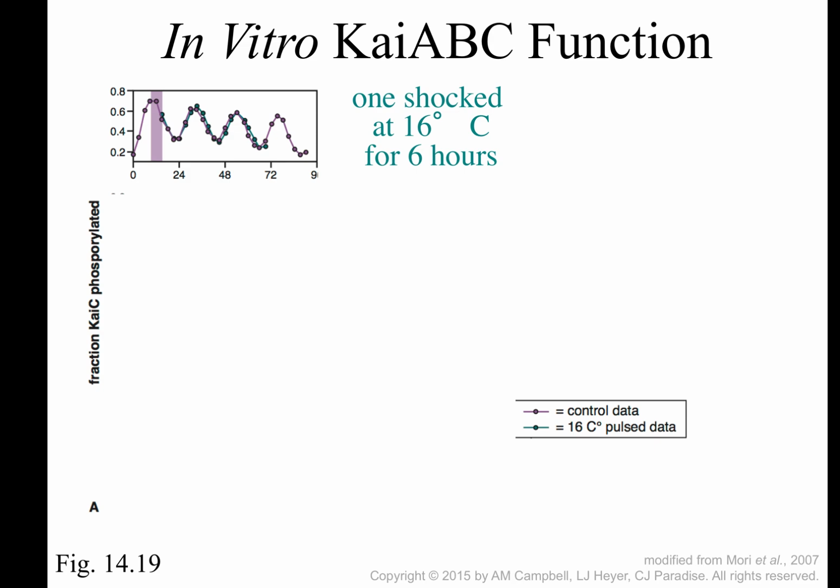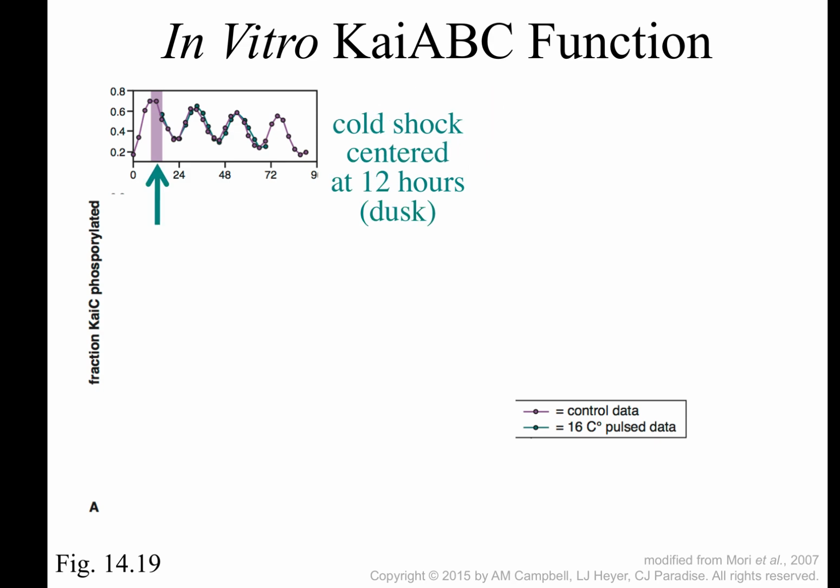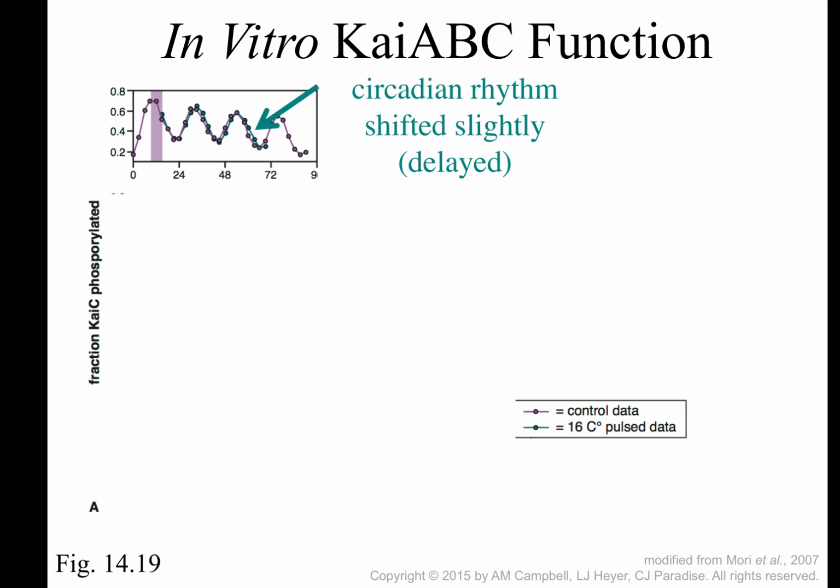Okay. They add in the shock in that little purple bar there for 6 hours, starting 3 hours before 12 hours into the cycle, and ending 3 hours after 12 hours into the cycle. And you see the circadian rhythm slightly shifted to the right.